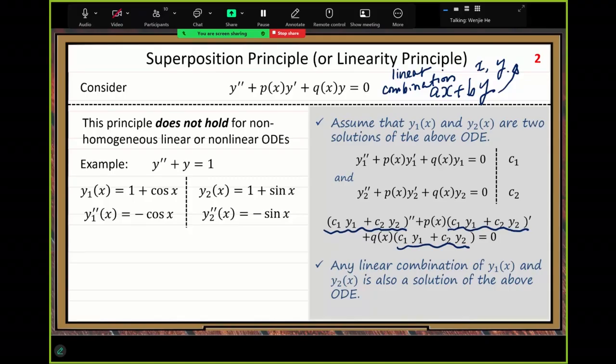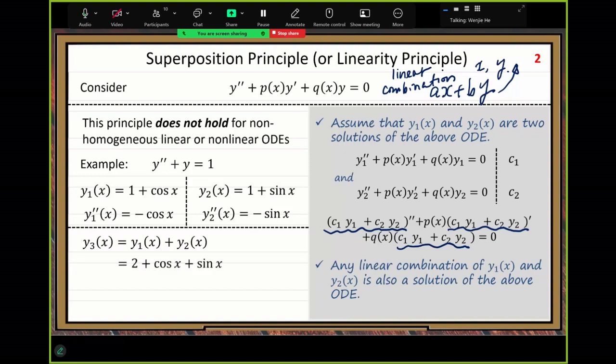Now, let us add up these two solutions: y3 equals y1 plus y2. We want to verify if y3 is also a new solution or not. So you take the double prime, adding together, and you get y3 double prime plus y3 equals 2. Not a 1, right? It's 2.